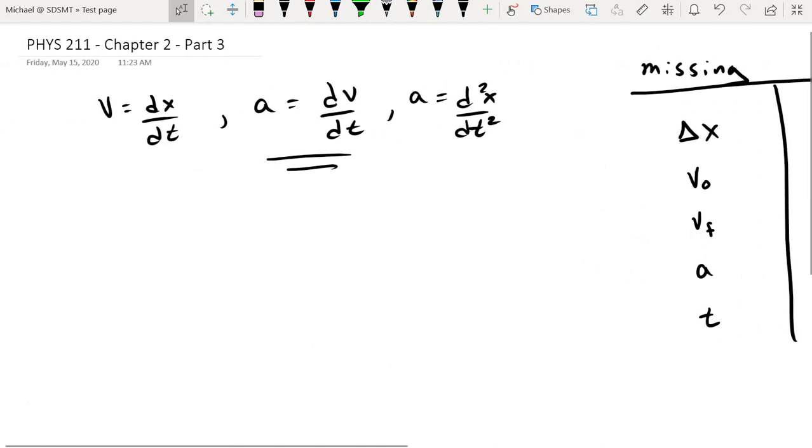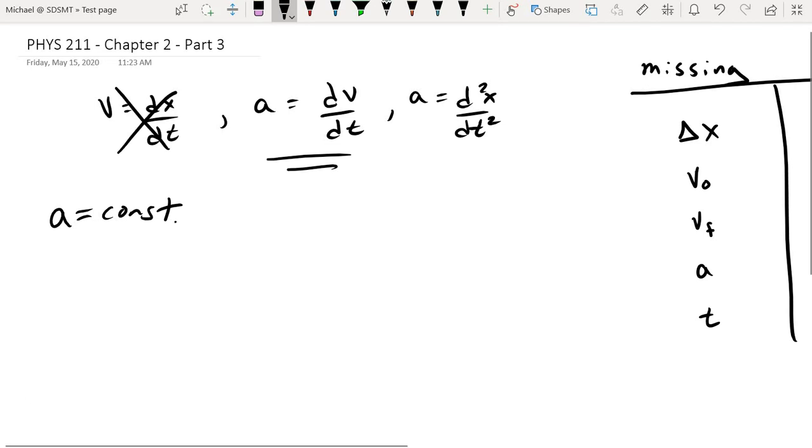And previously we already used this equation right here, or at least we tried to, but we could not carry through with the math because we couldn't ensure that the acceleration was in fact constant, because the acceleration wasn't even a part of that expression.